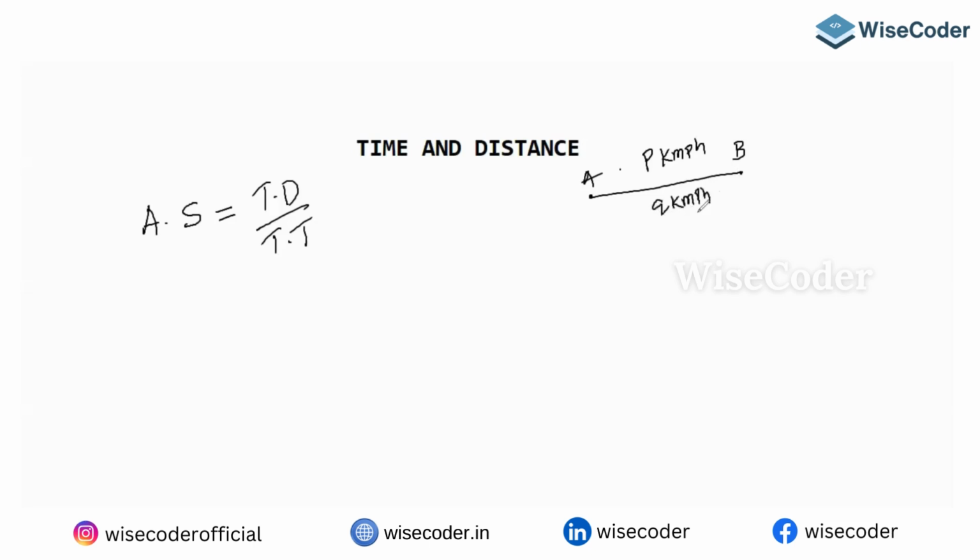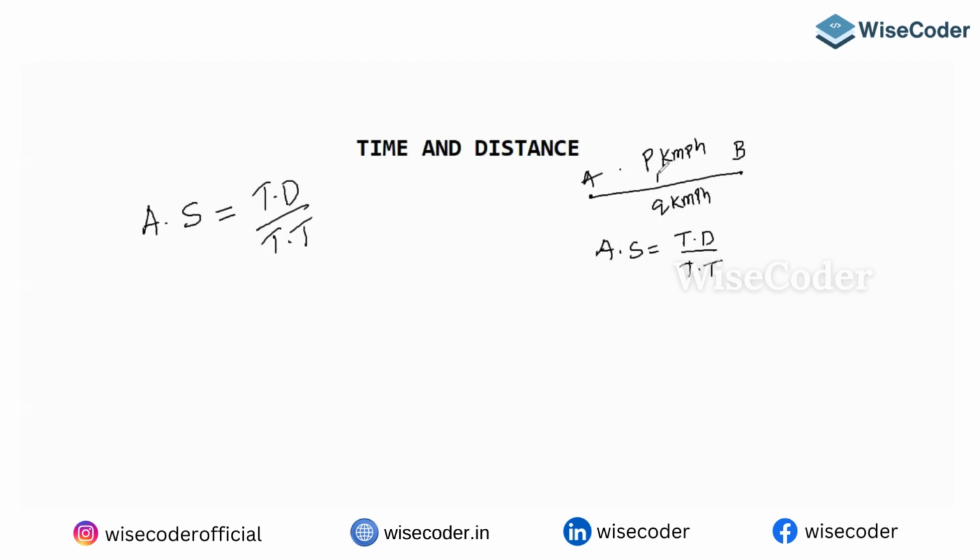Now he is going to ask you what the average speed is. Generally, average speed is equal to total distance by total time. Yes or no? What is the distance here?